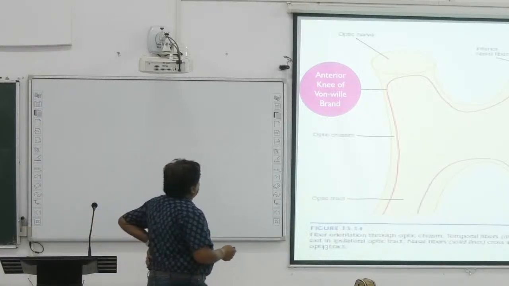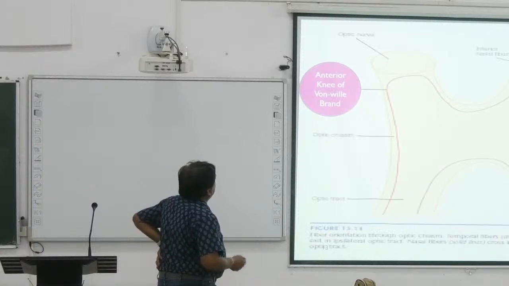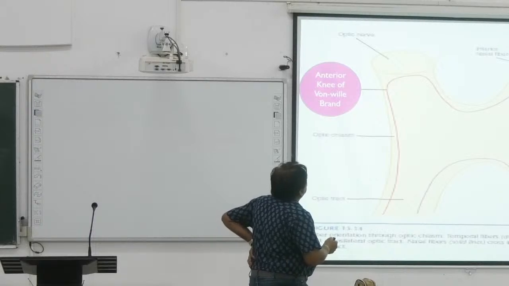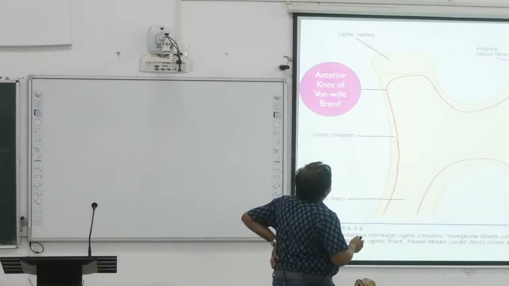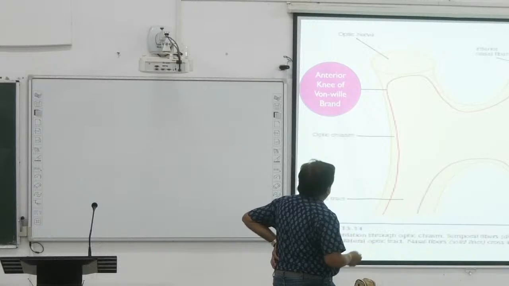Now this is the optic chiasma, optic tract, posterior knee of Willebrand. These are the inferior nasal fibers, superior nasal fibers, supratemporal fibers, infratemporal fibers.